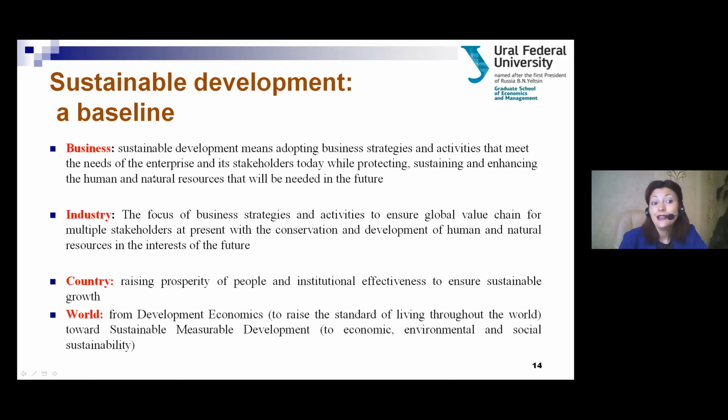Business. At the level of business, a lot of people ask why business should be interested. Isn't it some extra that we have to pay for those who are not doing something effectively? And a lot of business people say so, because when we were doing research and asking whether they contribute to the Sustainable Development Goals at all, a lot of businesses said, well, no, because I'm from business, I'm not from government, I don't need it.